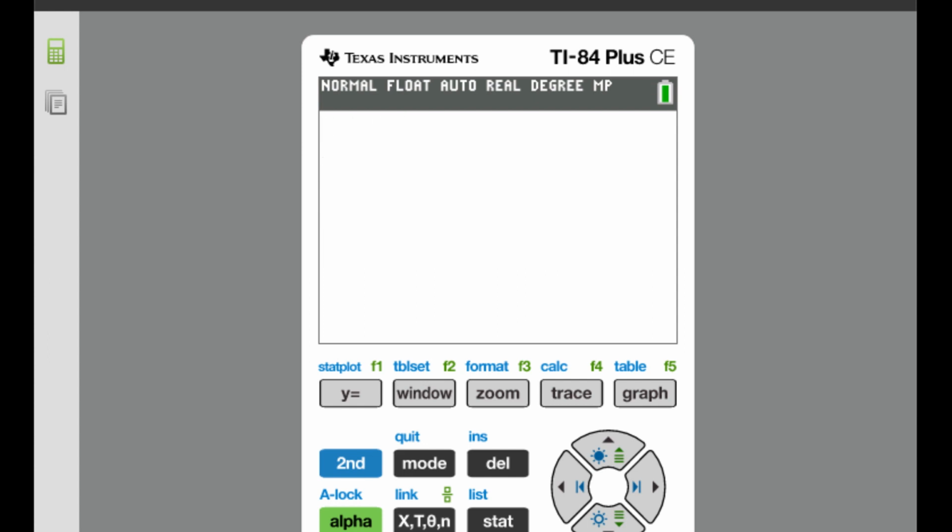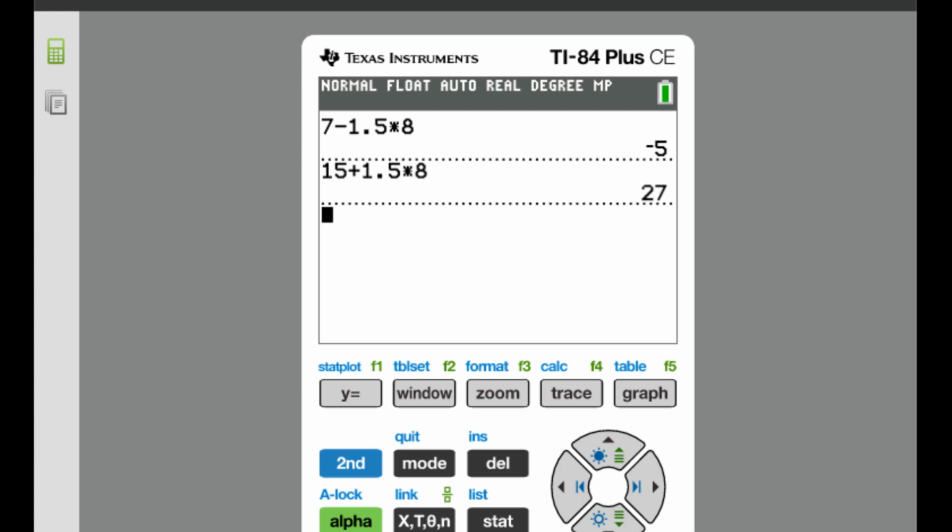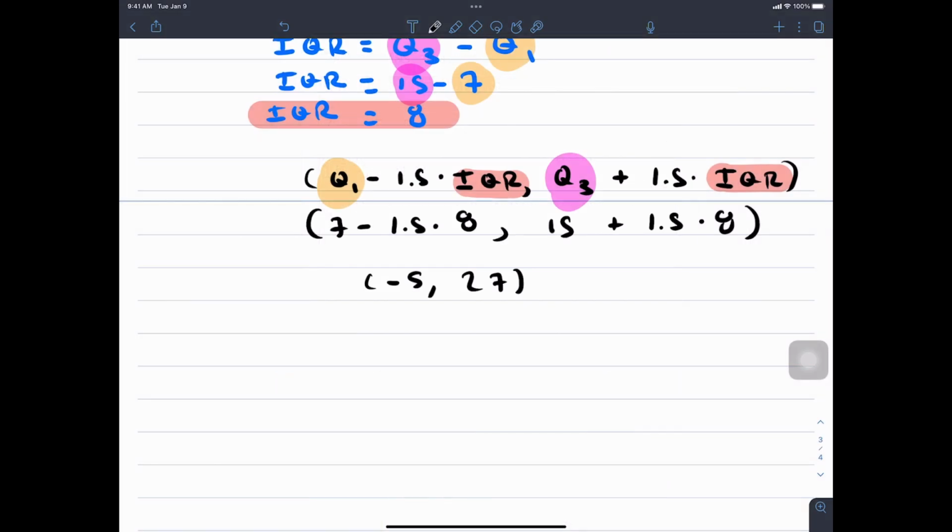Here you go. 7 minus 1.5 times what number? 8. And then it's 15 plus 1.5 times 8, which is 27. So -5 up to 27.